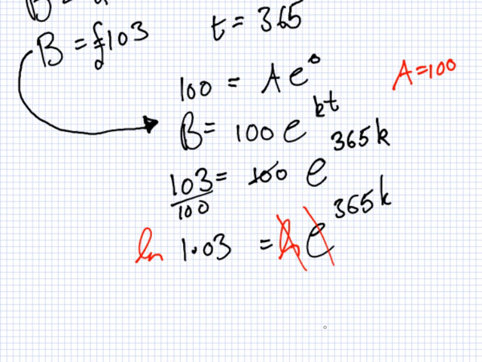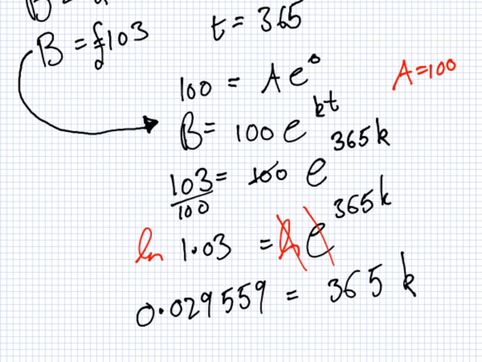So I get log 1.03 will be 0.029559 equals 365K. So I get K equals a very small number, 0.0000810.